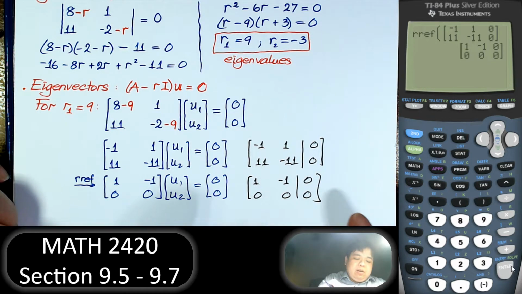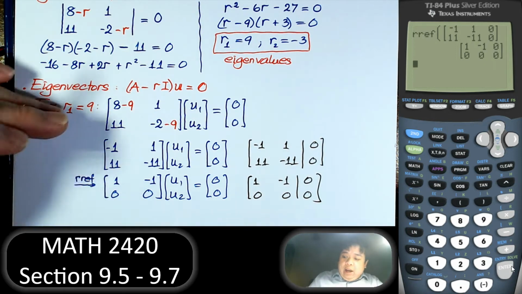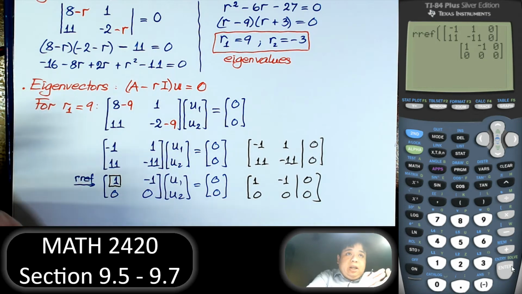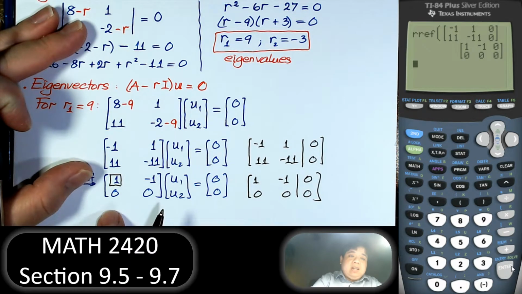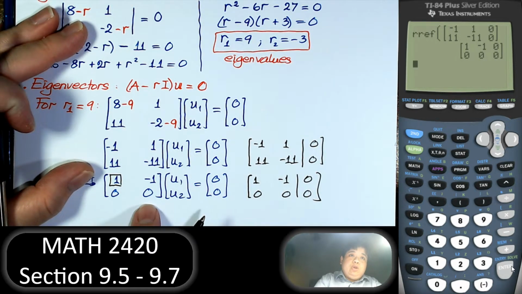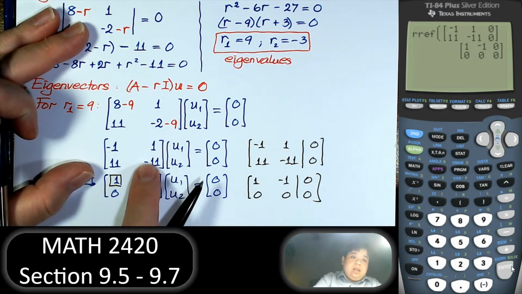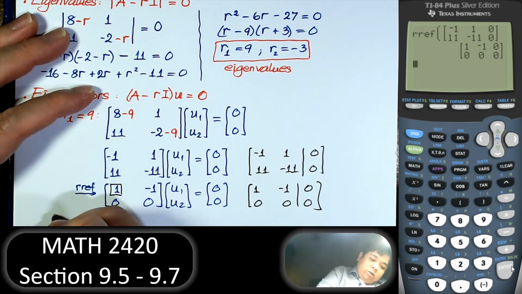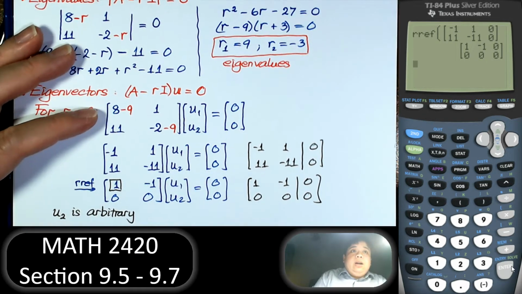Now, from the previous section, whenever we have a leading 1, that column is a basic column. So this is the basic column, and this is non-basic. We choose U2 to be arbitrary because there's no leading 1 in this column.